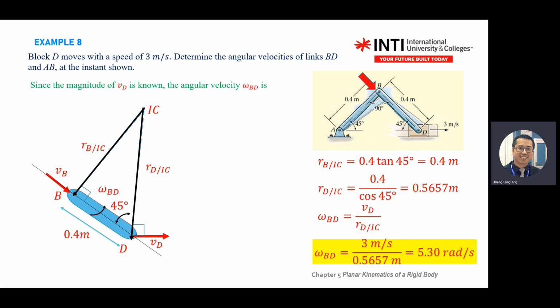V equals omega r. So you just move your r to the other side. You already found the r from D to IC here. R_DC, you know VD. Here you don't know VB. The question gives you this one. That's why you use this side. So on this side you do the mathematical calculation and you get the answer.